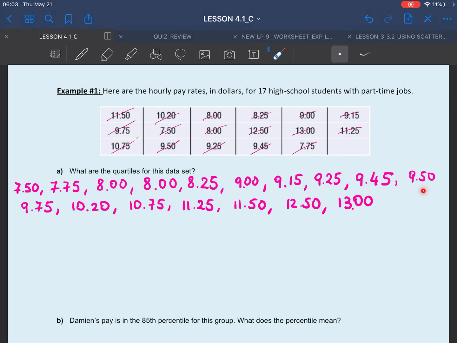And in order to find the quartiles, we always want to start off by listing the numbers from lowest to highest, which I did in advance just so that I could save our time explaining it here. It is something that you already know how to do, but two things we should remember: whenever we are listing the numbers, make sure that you cross out the numbers that you have already included on the list so you don't have to count them twice.